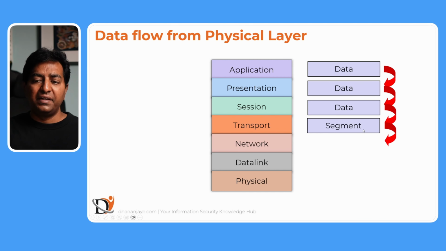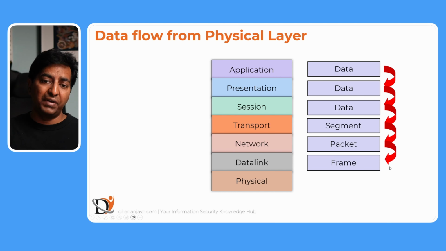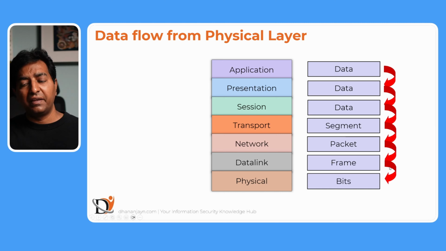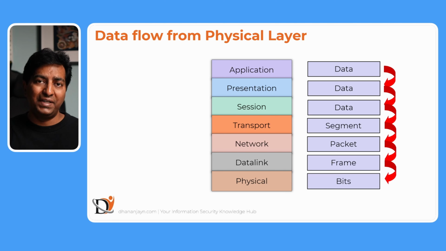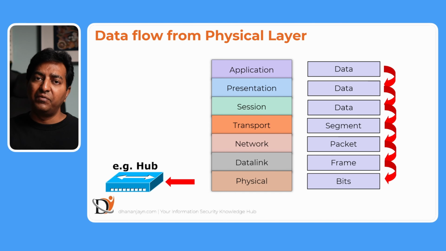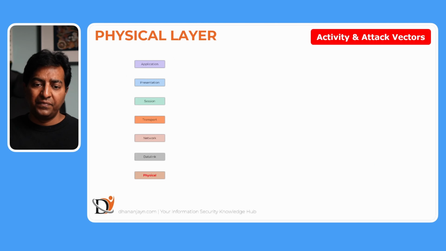At the transport layer, the data is in the form of a segment. At the network layer, it is in the form of a packet. At the data link layer, it is in the form of a frame. And at the physical layer, the data is in the form of bits, or you may say signals. And the devices that work at this layer are the hub.